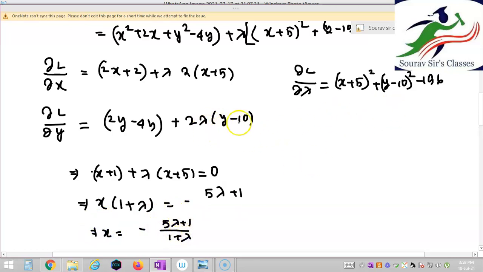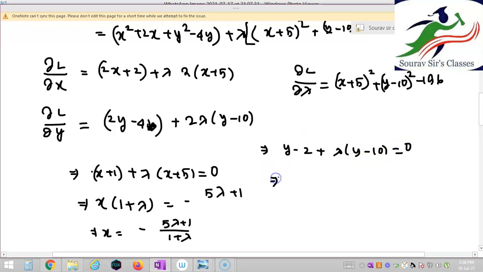Now equating this with 0, and cancelling 2, I can write y minus 2 plus lambda into (y minus 10) is equal to 0.